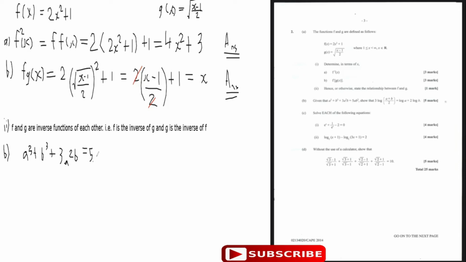And then we need to use that to show that 3 times the log of (a plus b) over 2 is equal to log a plus 2 log b.